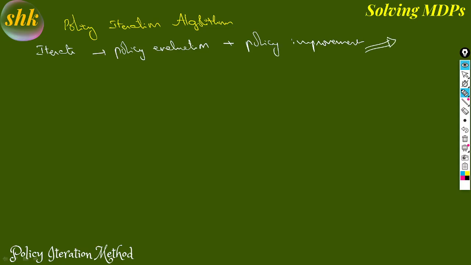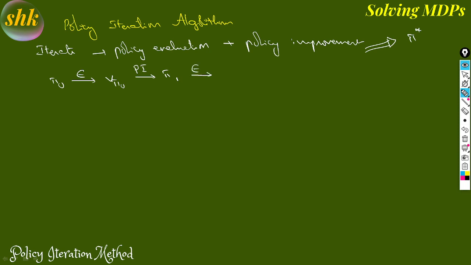The objective is to get the optimal policy. We start with a policy pi naught. We evaluate it to get the value function v pi of 0. Then we go for improvement of the policy, and we get the new policy pi 1.